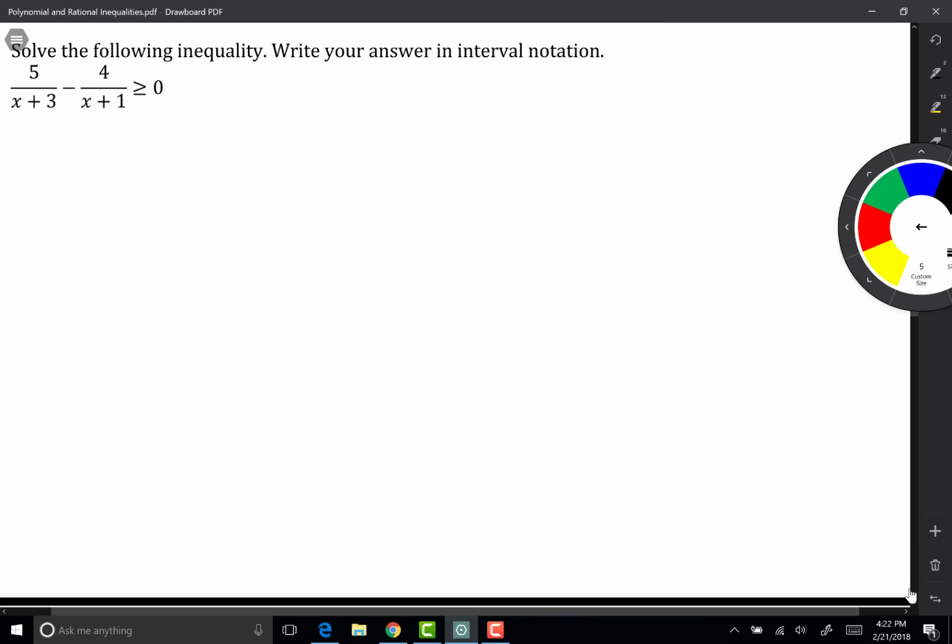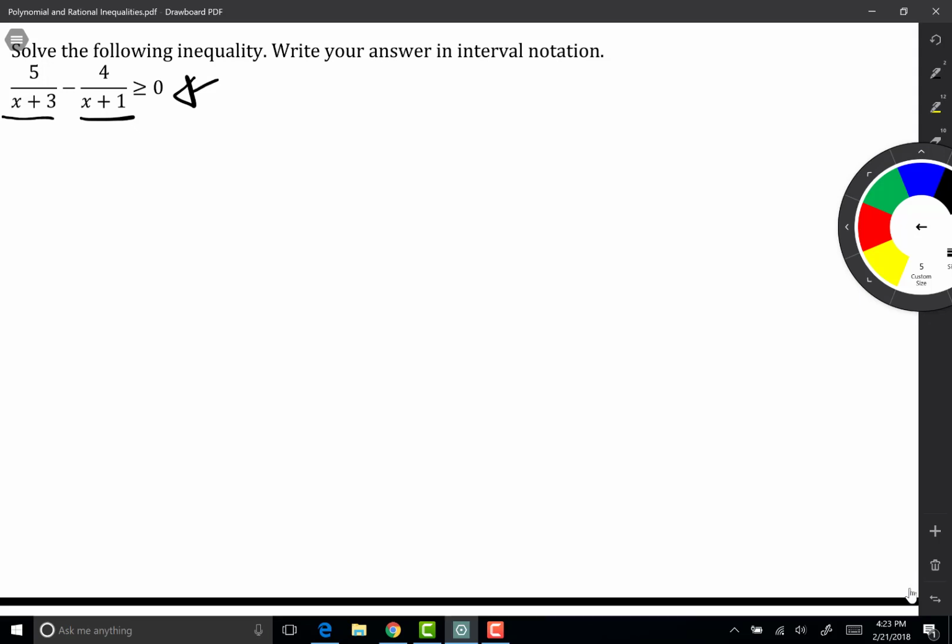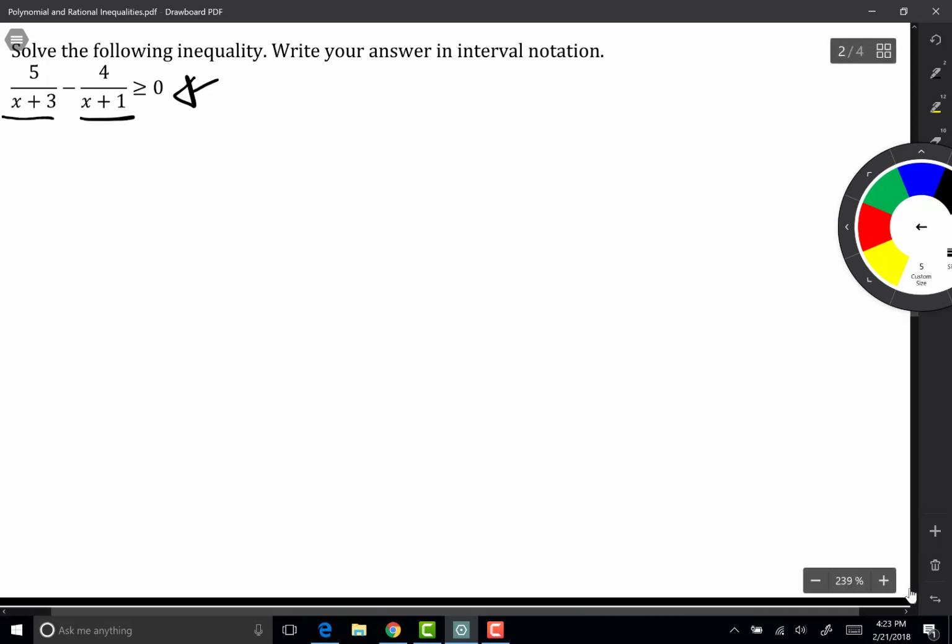Okay, last example. Again, I have 0 on this side, but I have 2 terms. So I have to combine them before I start finding my x-intercepts and the values of x that make this undefined. So I want to make a common denominator so I can combine these together.